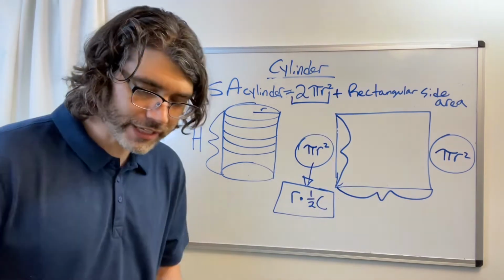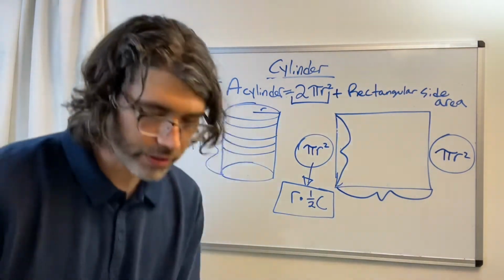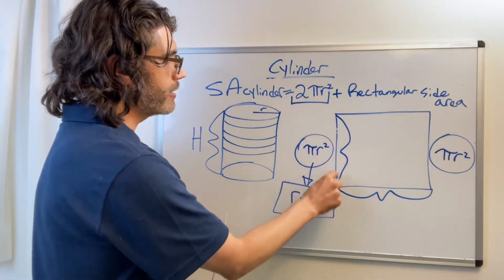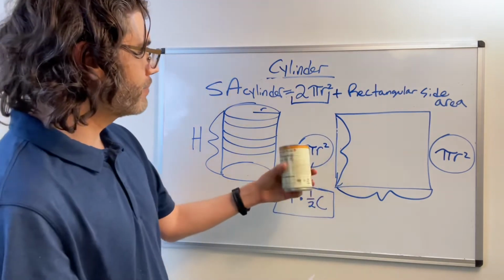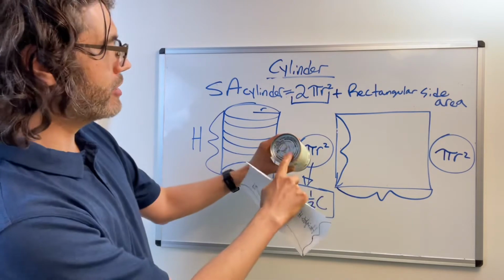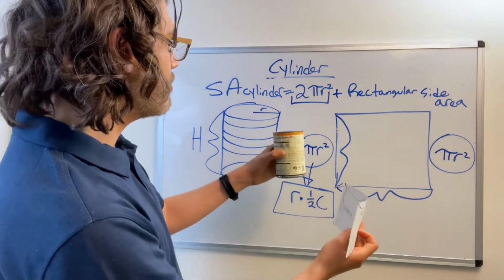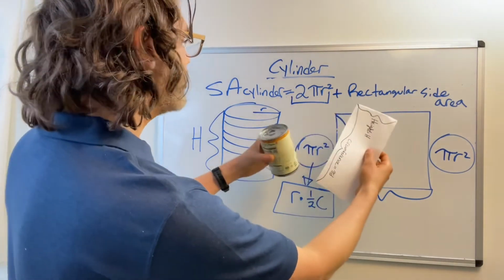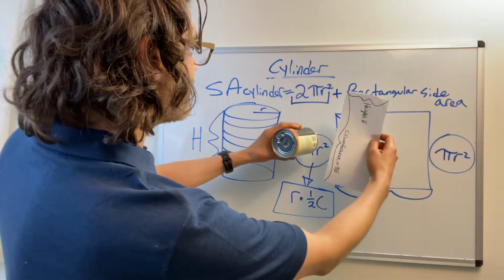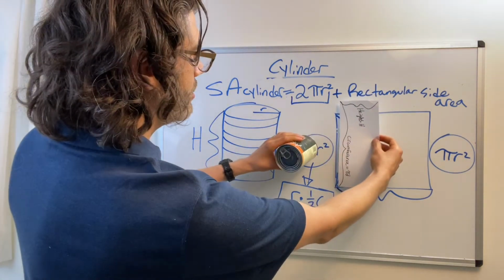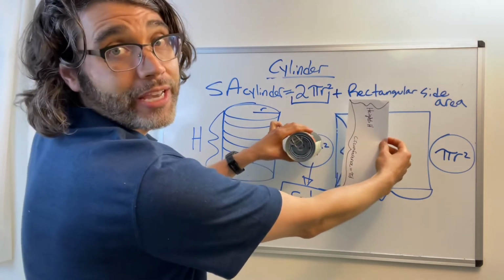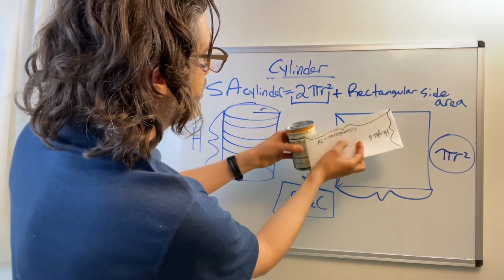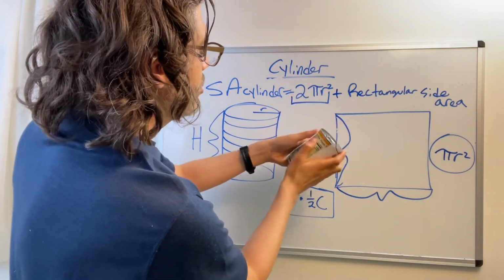Well, let's go back to our can of soup right here, and let's do this part right here. Try to think of this as the top. So here's the top, and then what we're going to do is wrap this around, just like that.